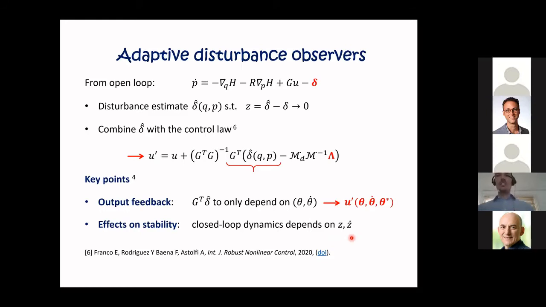What it means for us is that the stability conditions would change, and the tuning guidelines, which we can extract from the stability conditions for our controller parameters, would also be affected. We will see in more detail what this means in a few slides.